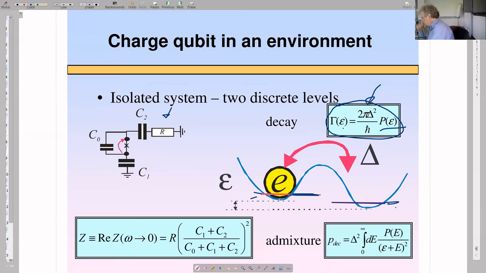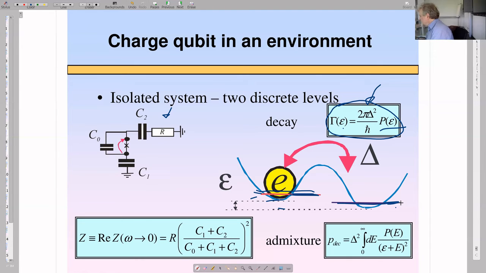Another interesting quantity to look at is the admixture of the qubit states. What is this? Tunneling provides some overlap between states in the left dot and the right dot.